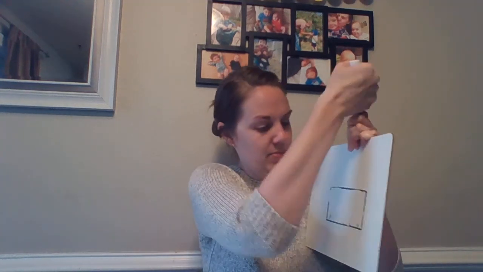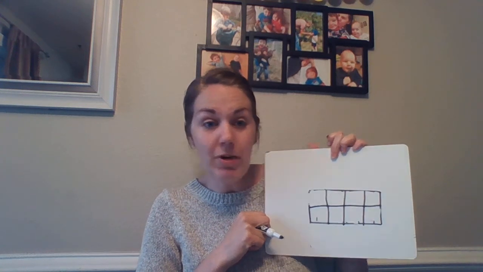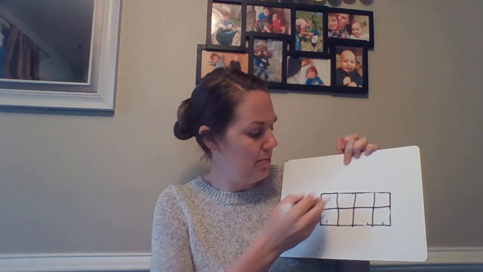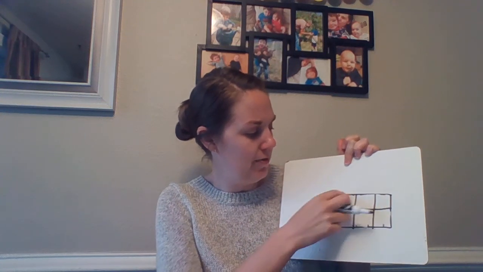So if you did it this way, do it a different way. And then it says what fraction of the whole rectangle is each part? Well, doesn't matter how we cut it up, we still have 1 out of 8 total parts. So each part would still be 1/8 of the total rectangle.